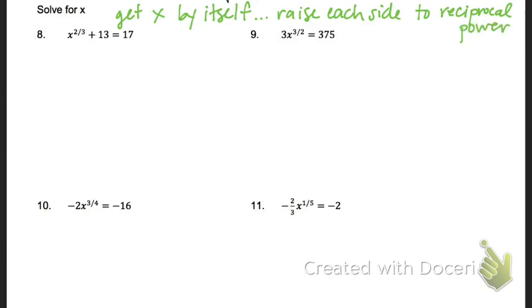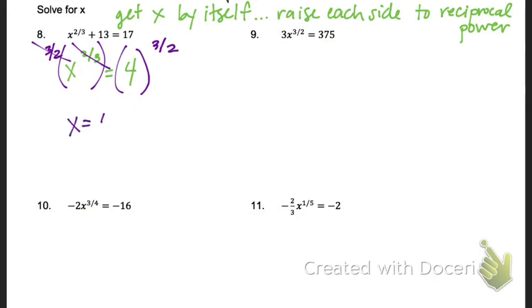So for instance, on 8, I'm going to subtract 13 from each side and I get x to the 2/3 equals 4. Now I want to raise each side to the reciprocal power. So the reciprocal of 2/3 is what? 3/2. 3 over 2. And that means that these will cancel, and it becomes x equals 4 to the 3 over 2.